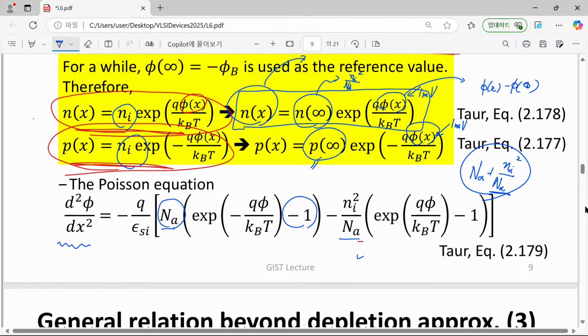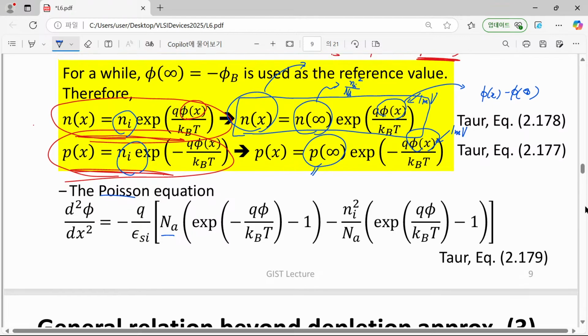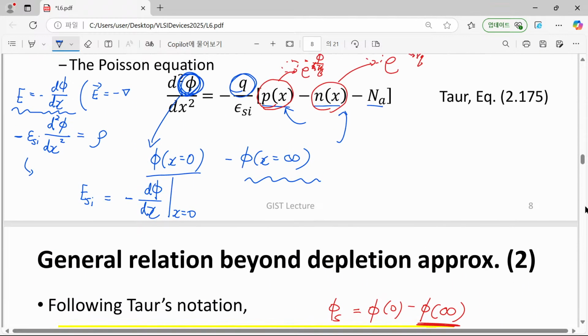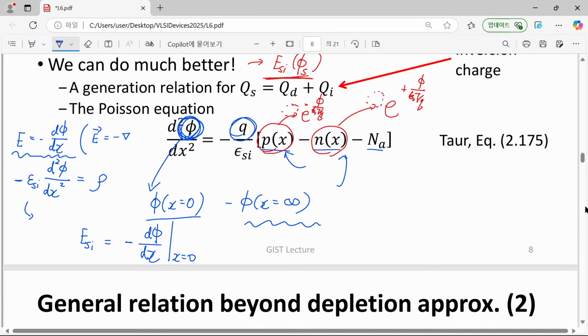Anyway, now we have the Poisson equation written in terms of electrostatic potential only. That's the key. In the previous slide, we had three unknown variables: one was electrostatic potential, another one hole density, and electron density.